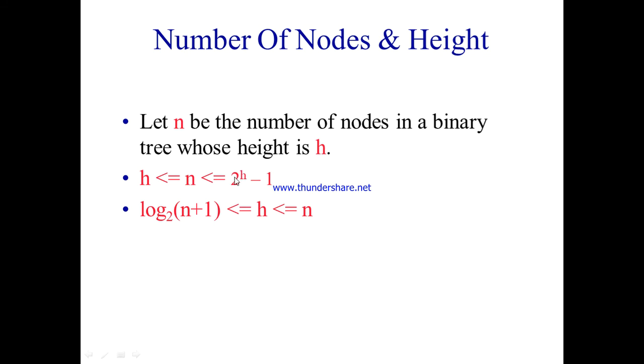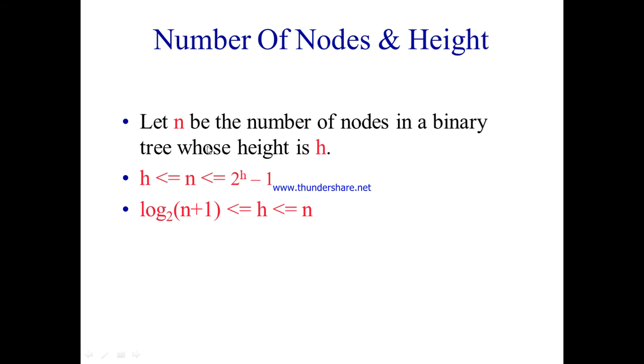And what is this 2 power h minus 1? That is the maximum number of nodes. So h is the minimum number of nodes, and n is the number of nodes I am representing. So the total number of nodes is less than or equal to 2 power h minus 1, where 2 power h minus 1 is the maximum number of nodes. We can also represent this equation in this way: log of (n plus 1) base 2 is less than or equal to h is less than or equal to n.